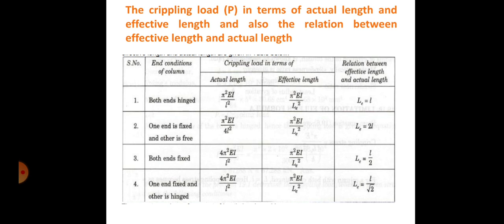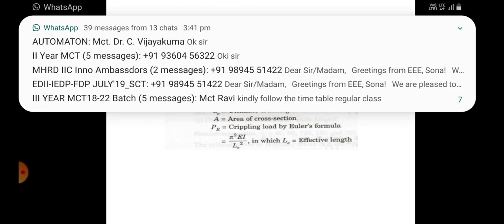When one end is fixed and the other end is hinged, the effective length is L by root 2. This is the formula to find the crippling load for a long column using Euler's formula.